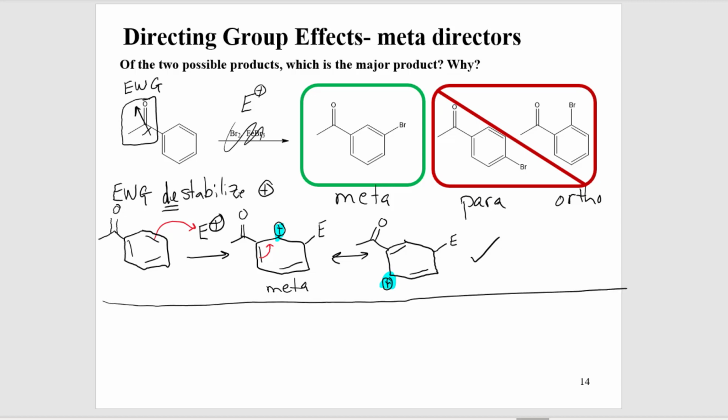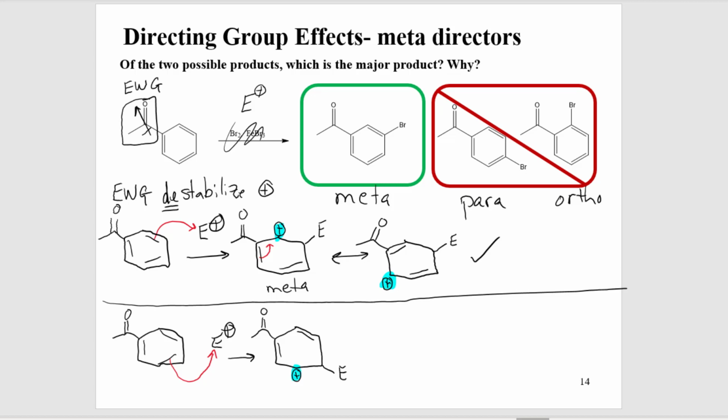Para or ortho, we can already prove to ourselves, as we did in the previous slides. If I introduce the electrophile at the para position, just to show you, here's the electrophile, I didn't touch these double bonds. The carbocation goes here.